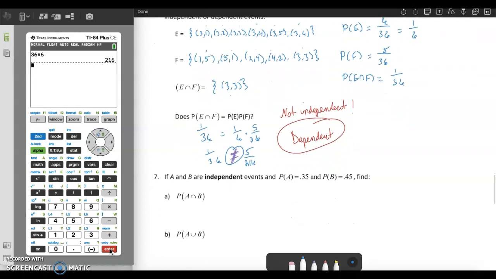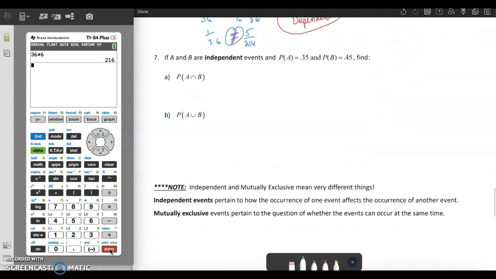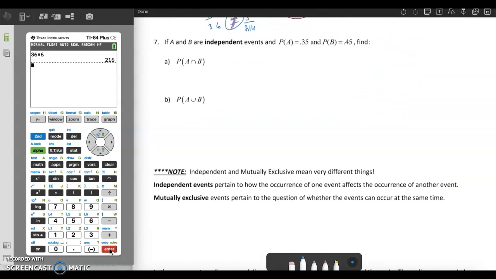Okay, you could also get asked questions like this example. It says if A and B are independent and the probability of A is 0.35 and the probability of B is 0.45, find both the probability of their intersection and the probability of their union.